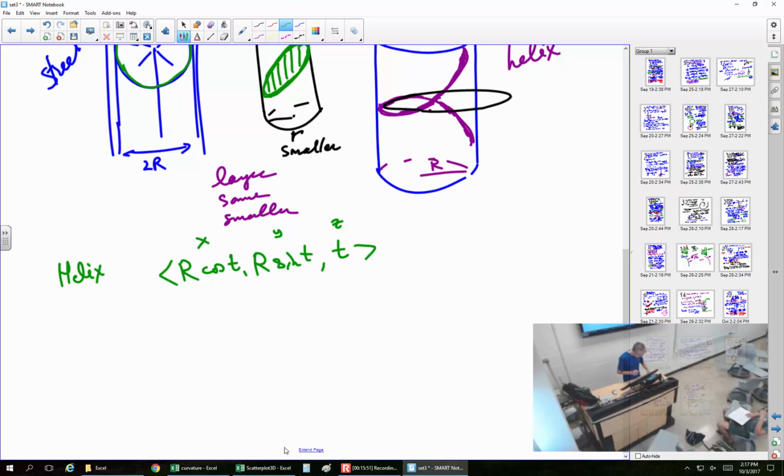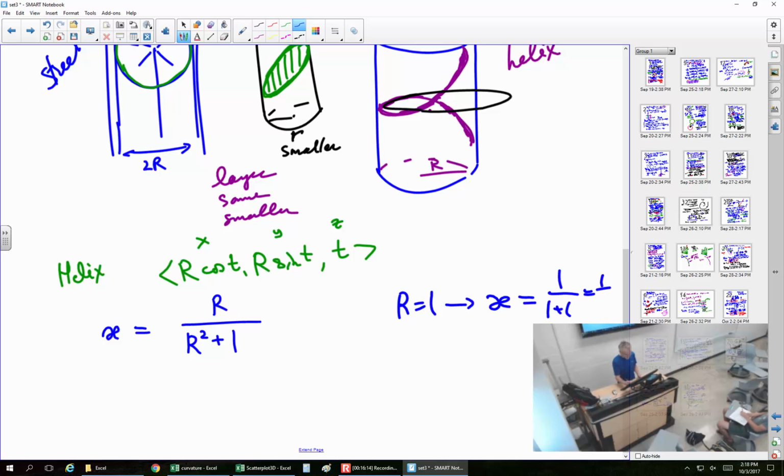The formula is kappa equals r over r squared plus 1. Indeed, if r is equal to 1, then kappa, the curvature of the helix, will be 1/2. So that confirms it.